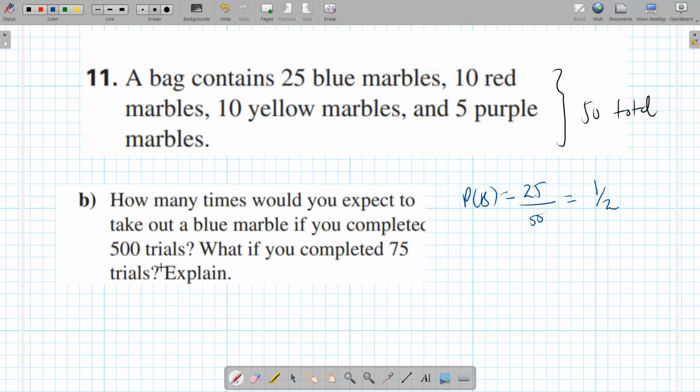$250 times. Yeah, good. What about 75? 750. Wait, no. It can be more than that, right?